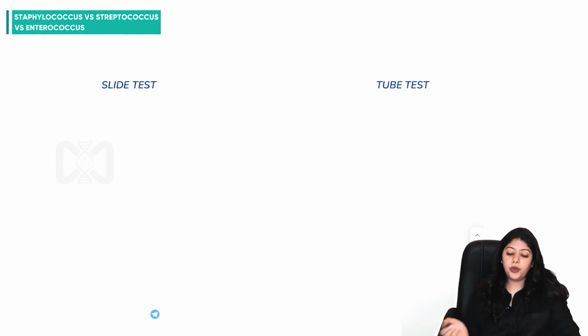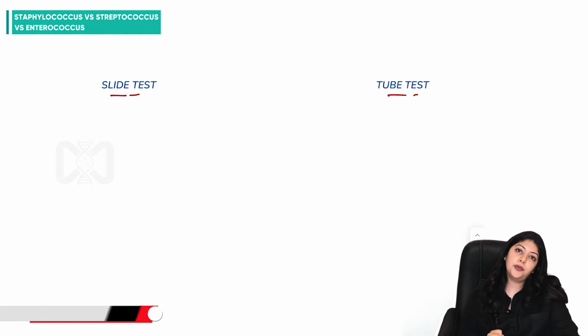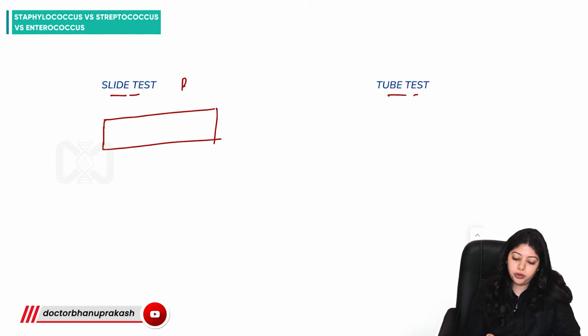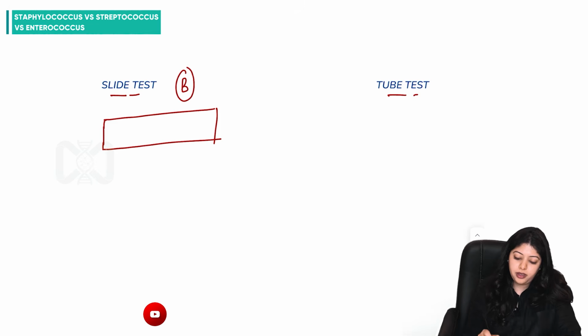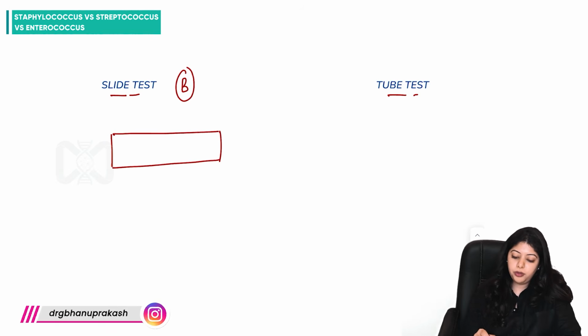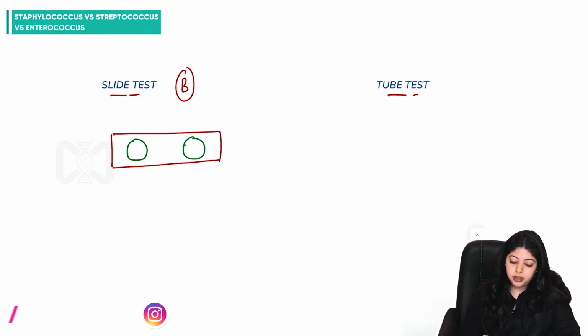So how are we going to perform these two tests, slide test as well as tube test? Onto a glass slide, for the slide test, we are checking for the clumping factor or bound coagulase. Onto a slide, we are going to make two circles with a wax pencil, right?